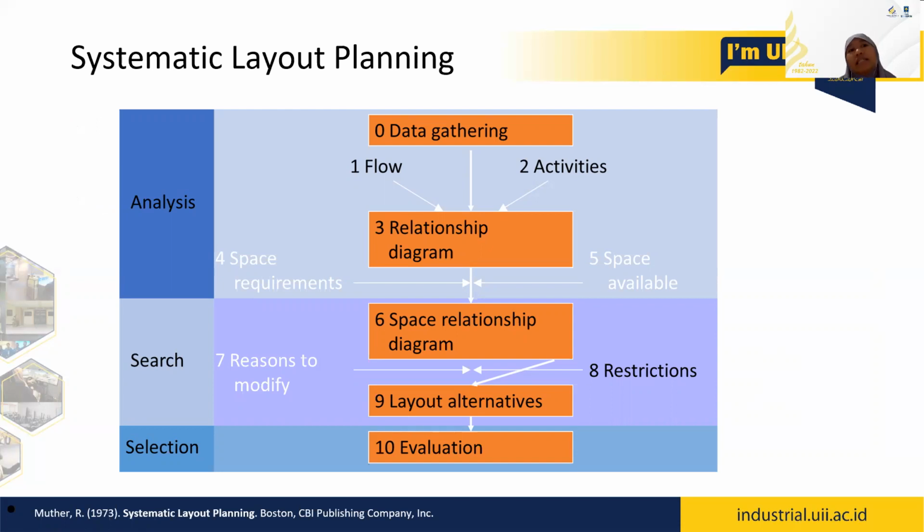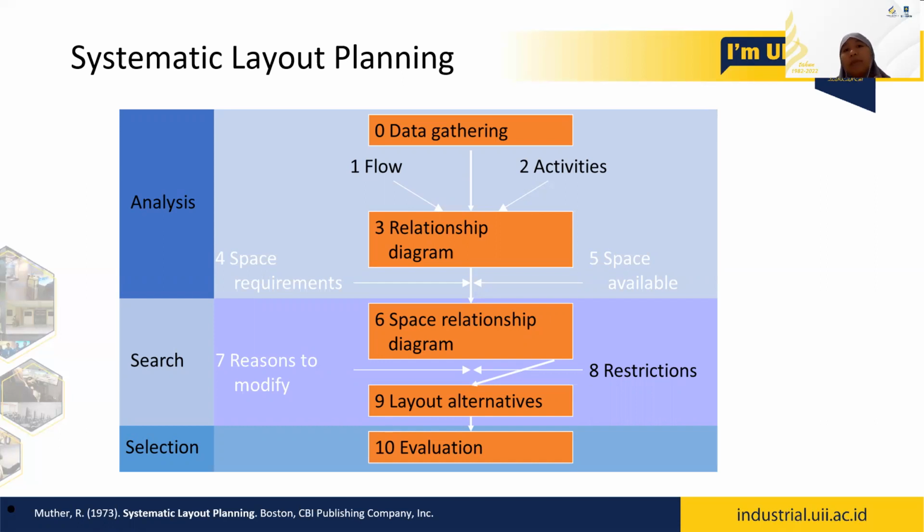So the basic idea in the systematic layout planning is how we actually can generate what we want to make and how we will make it and how much we can make it. And then once we understand the whole process and the machineries, we will find out all of the data required regarding the flows and also the activities inside the industry.